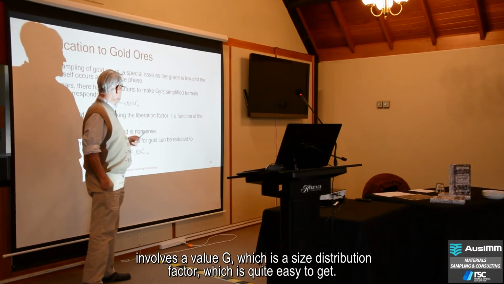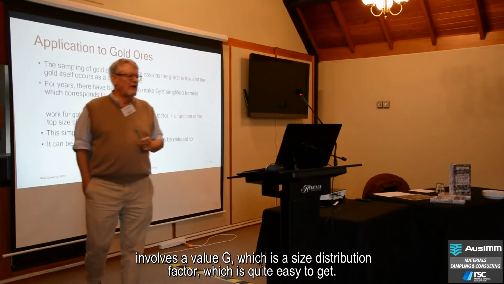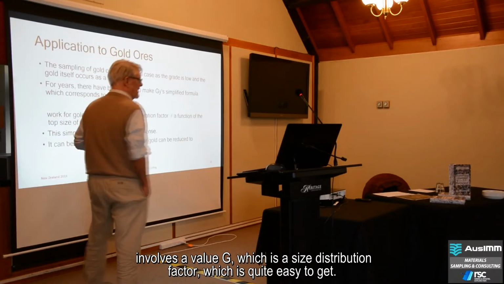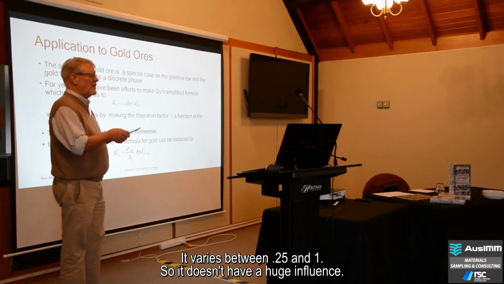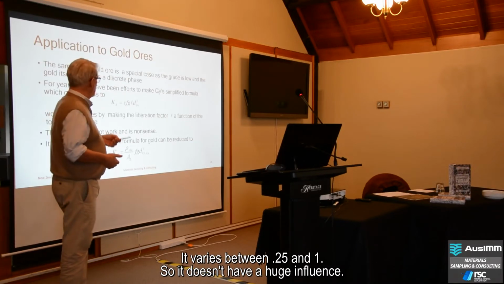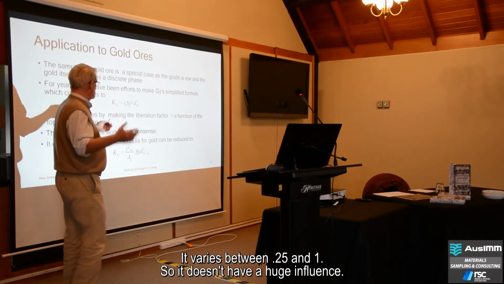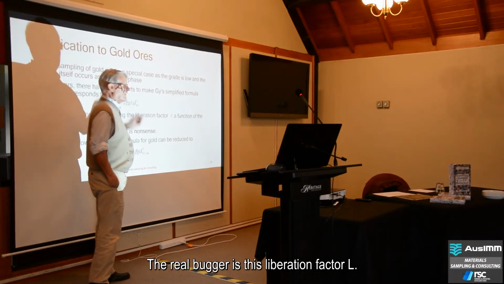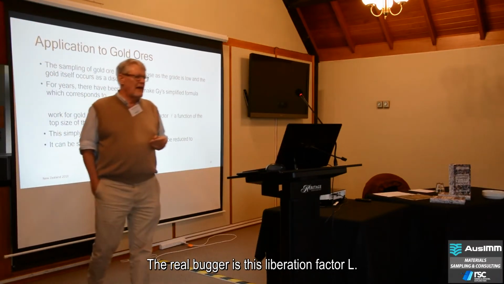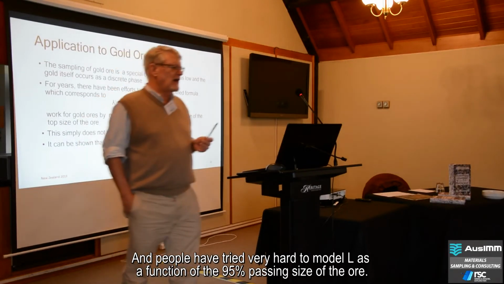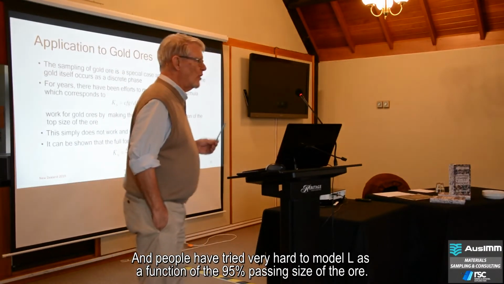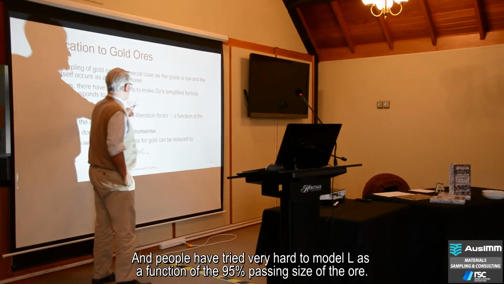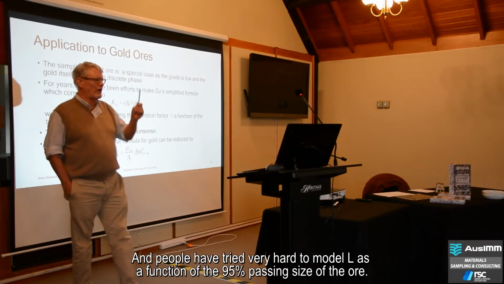It involves a value G, which is a size distribution factor, which is quite easy to get. It varies between 0.25 and 1, so it doesn't have a huge influence. The real bugger is this liberation factor, L. And people have tried very hard to model L as a function of the 95% passing size of the ore.